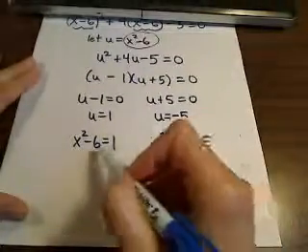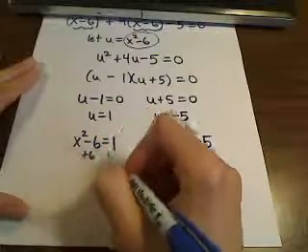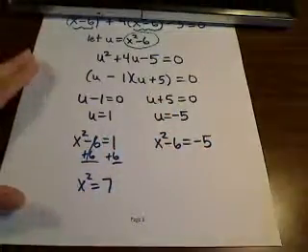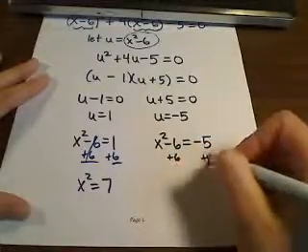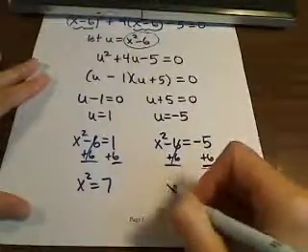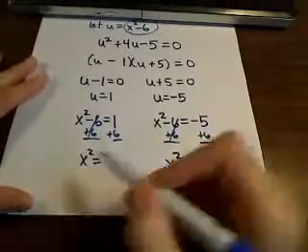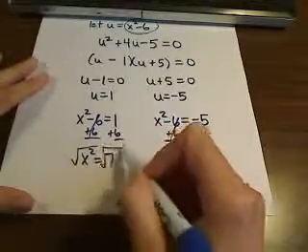Okay, so here when I add the 6, I have x squared equals 7, and then here when I add 6, I have x squared equals 1. Okay, and we're solving for x, so we need to take the square root of both sides.